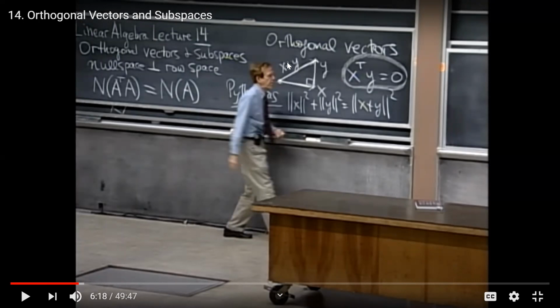Now in that situation, the distance along x, what we call the length of x, squared plus the distance along y vector squared, should be equal to the distance along their resultant, which is x plus y, whole squared.